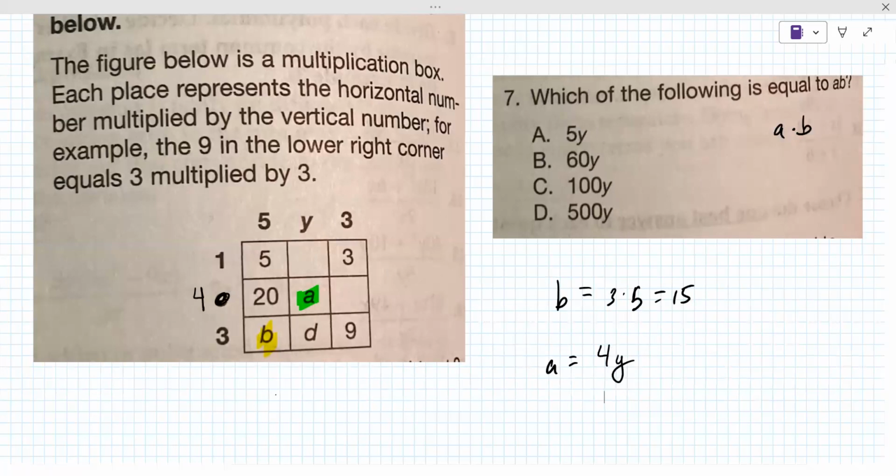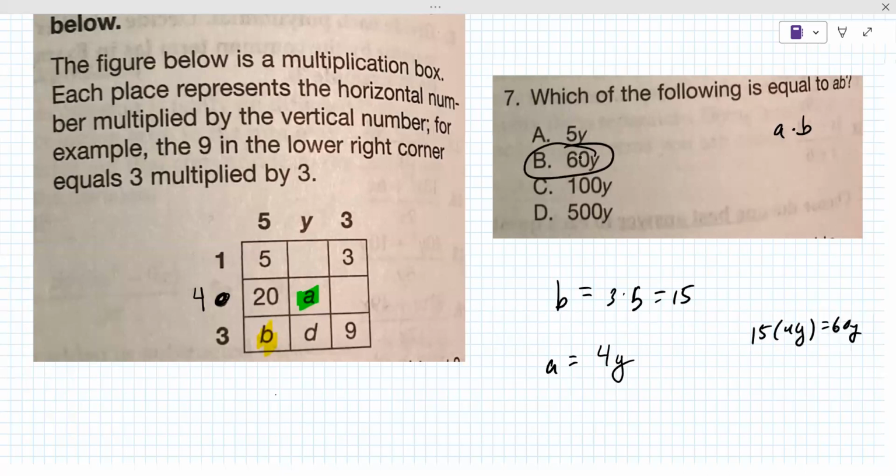What would that be? It would be B. Very good. So 15 times 4Y is 60Y.